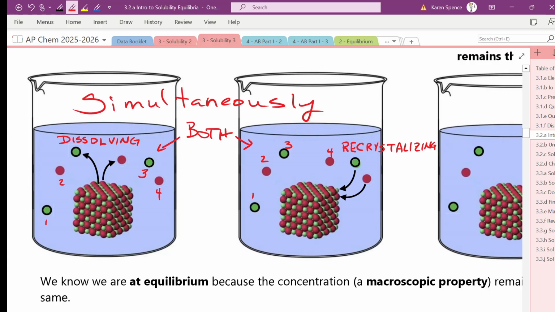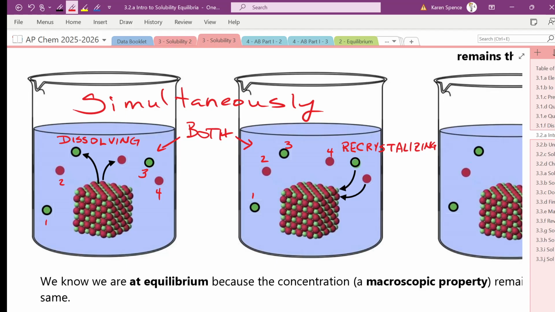Yeah? Because the rate of the forward reaction is the same as the rate of the reverse reaction. The rate of dissolving is the same as the rate of recrystallization.